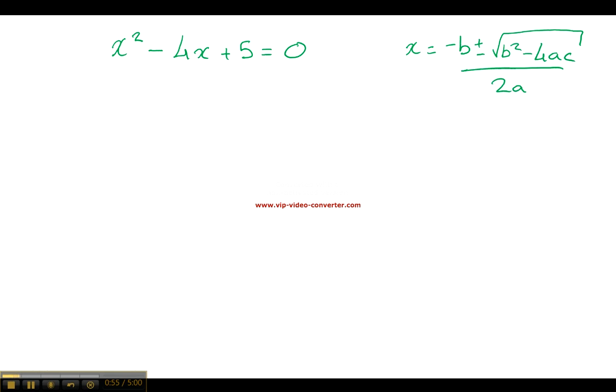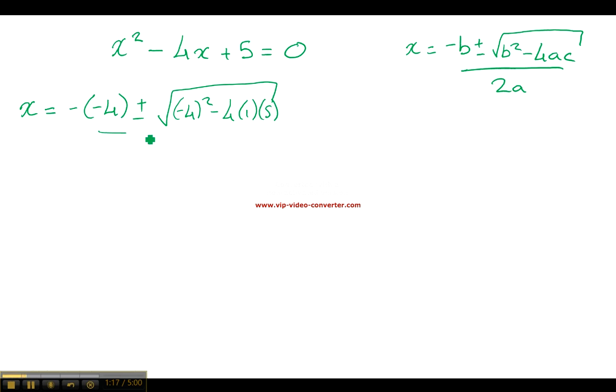But if we apply that, just nice and quickly, x equals minus minus 4 plus or minus the square root of minus 4 squared minus 4 times 1 times 5, all divided by 2 times 1.